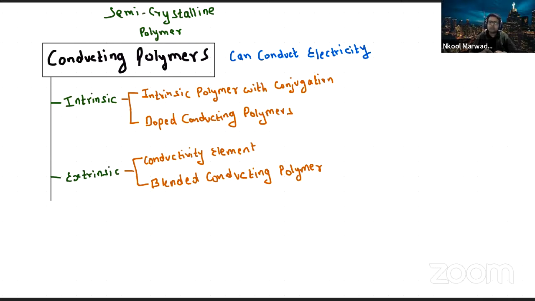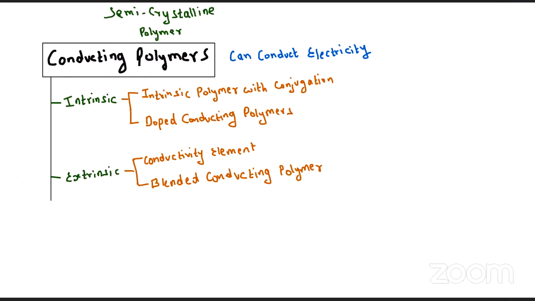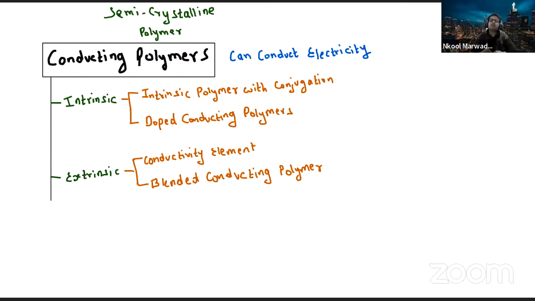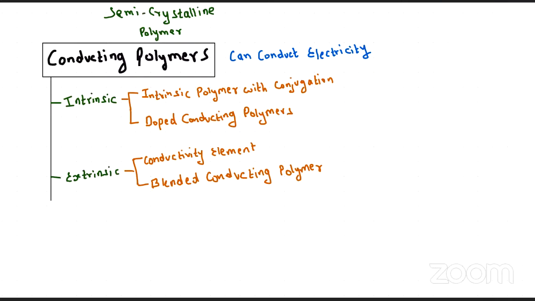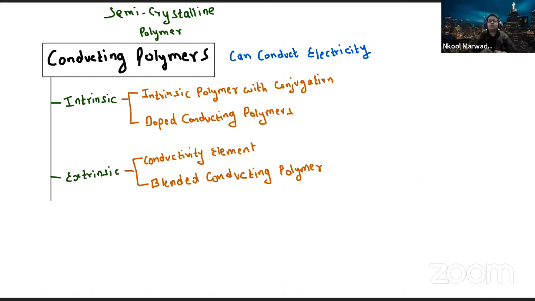With this process, we can generate some free electrons, or we can dope in such a way that doping will not compromise the purity of the polymer. And doping, we already saw, can generate holes or free electrons. So in intrinsic, we don't compromise the purity of the polymer.